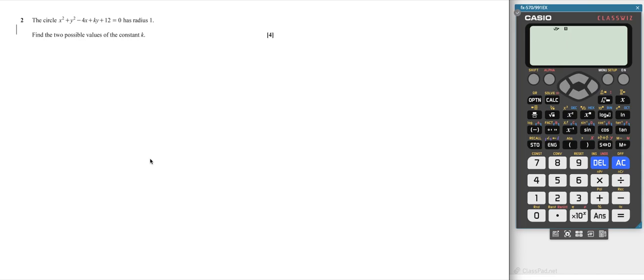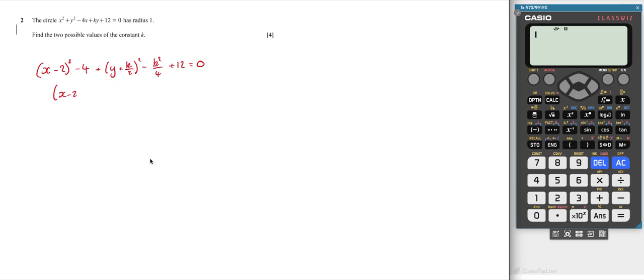So let's have x minus 2 all squared minus 4 plus y plus k over 2 all squared minus k squared over 4 plus 12 equals 0.